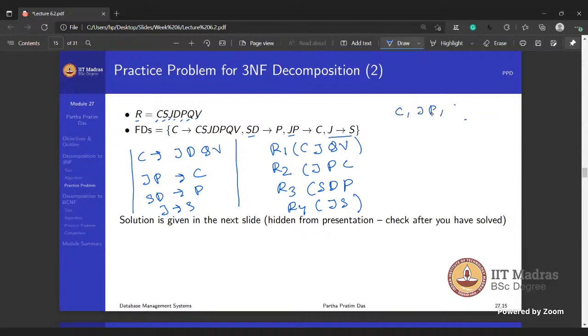So one of the candidate keys, C, is present in the R1 relation. Since a candidate key is present in one of the relations, we do not have to make any extra relation. So this is the third normal form.